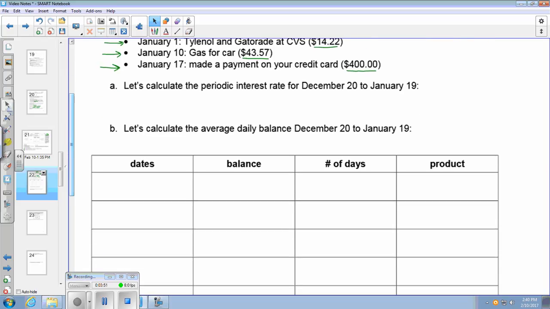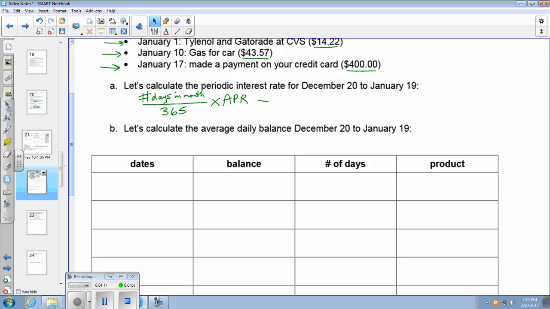All right, so in part A, we're going to calculate the periodic interest rate for December 20th to January 19th. So remember, we want to take the number of days in the month divided by 365, so it's going to give us the fraction of the year for this billing period, and then multiply it by the APR in decimal form.